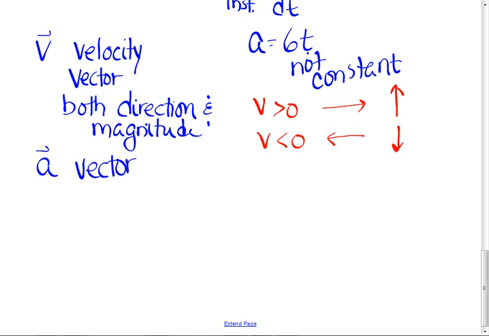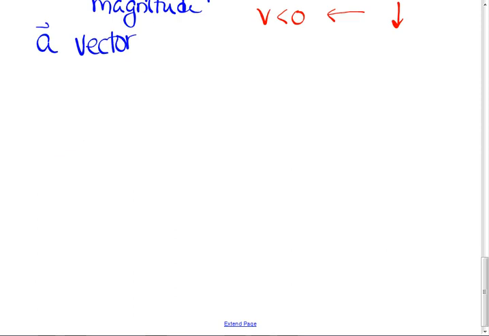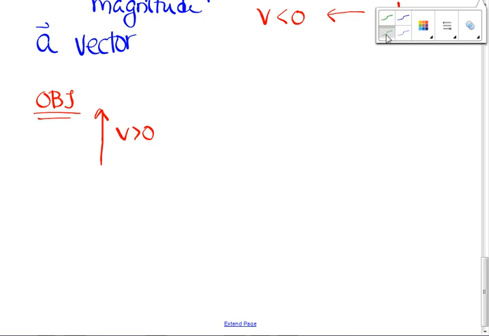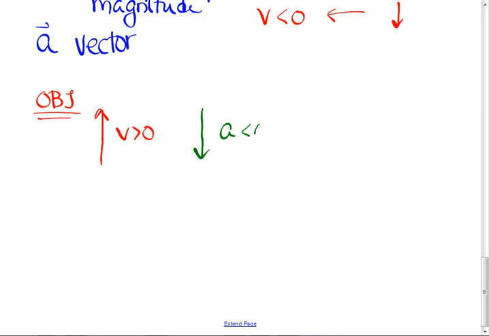if I throw an object up in the air, so here's my object, I'm going to throw it up in the air, so my velocity is positive. But what about my acceleration? We've agreed that the force is pulling us down, so acceleration is less than 0. Now, forget that it's math or physics.